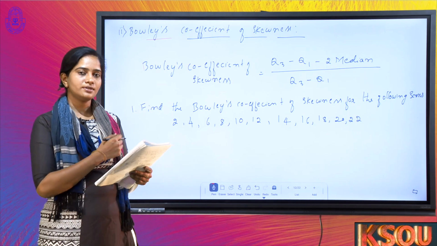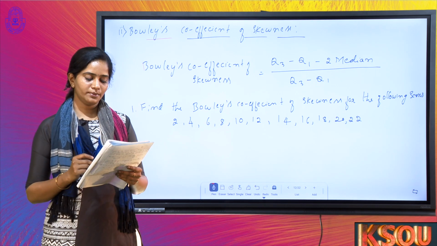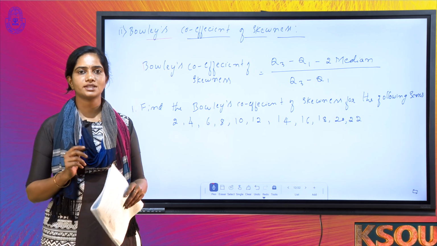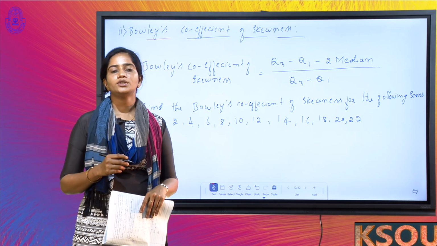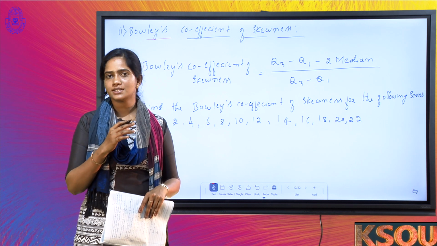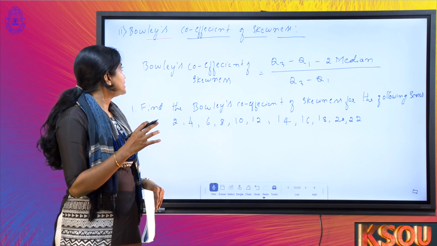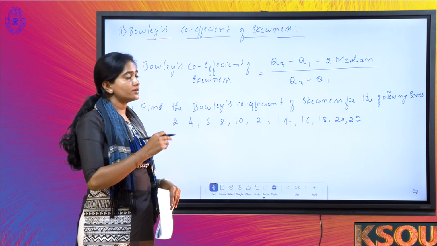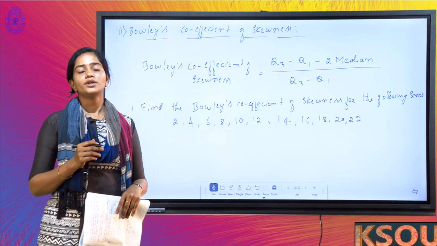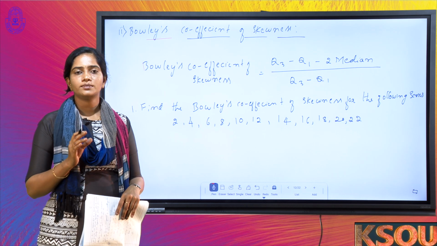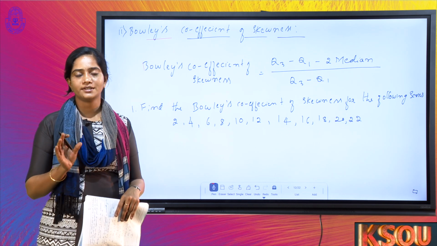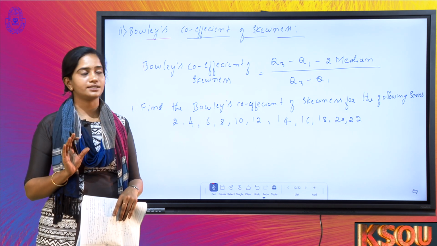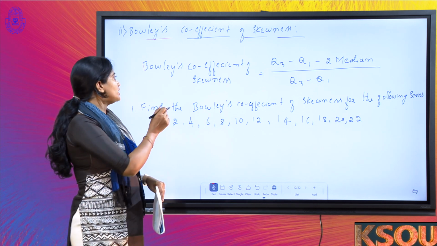See, in the last slide we have studied about Karl Pearson coefficient of skewness. In that we are going to take all the frequency distribution, but in the next type of skewness, that is Bowley's coefficient of skewness, we are going to take quartiles, but not all the frequencies in the data set. So, here you have a formula for that.